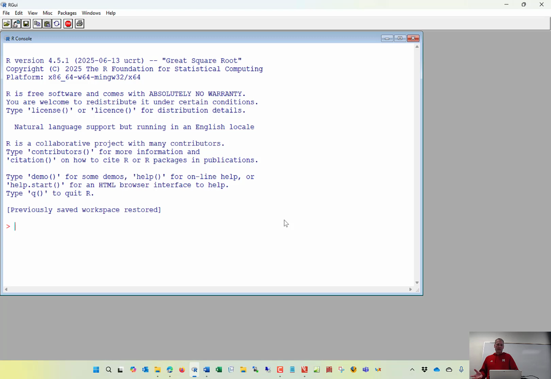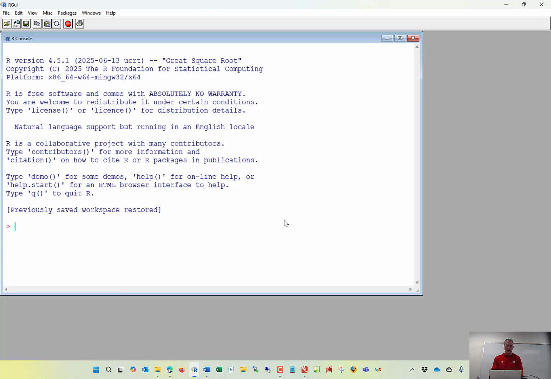And what we have here is a greater than sign that's in red. This is where you can enter commands. This is what's called the R console window. In default RStudio, for those of you who are familiar with it, in the bottom left-hand corner, you'll see the R console window.